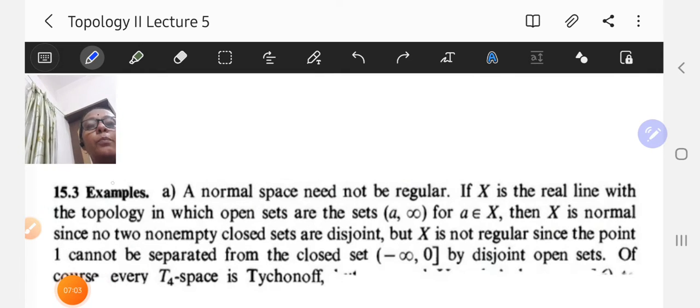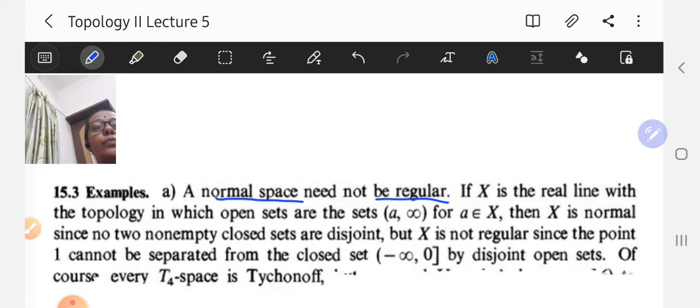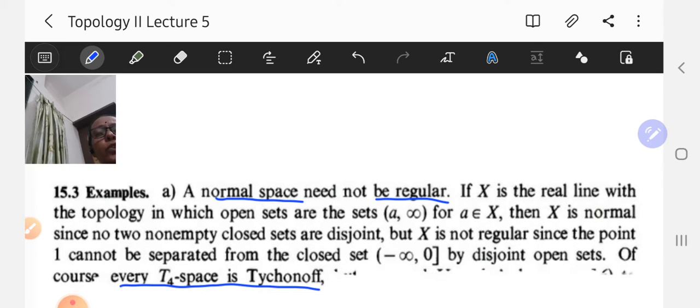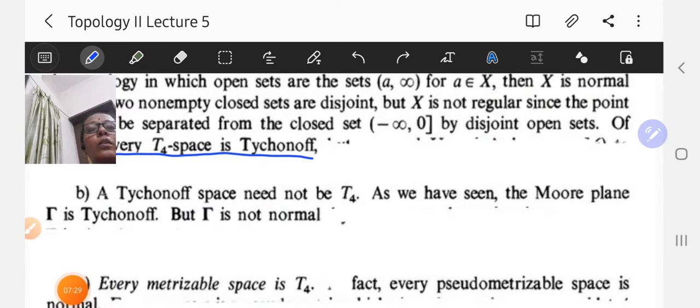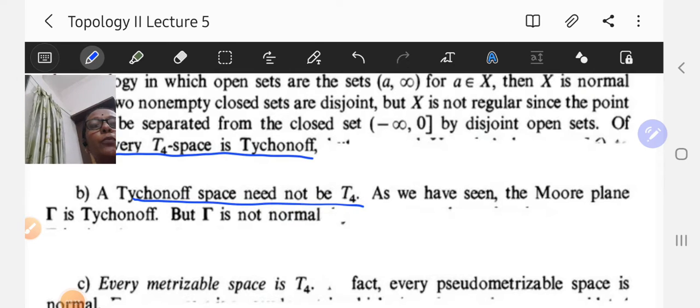Now the next examples, that is, a normal space need not be regular. There is an example. Every T4 space is a Tychonoff space, but a Tychonoff space need not be T4.